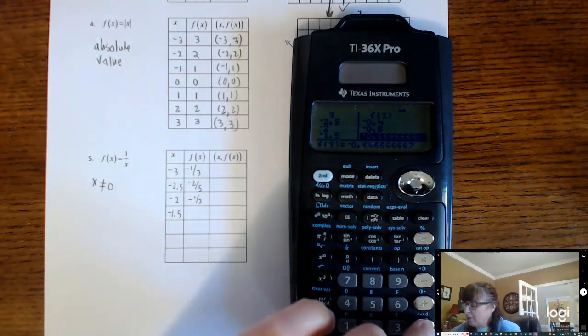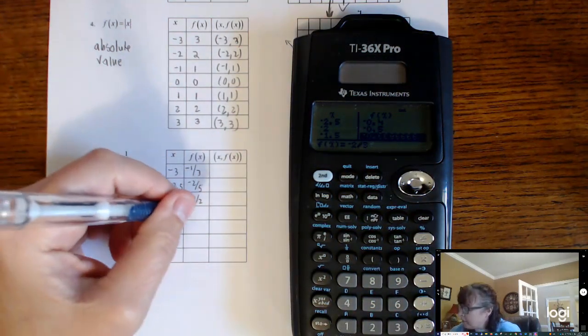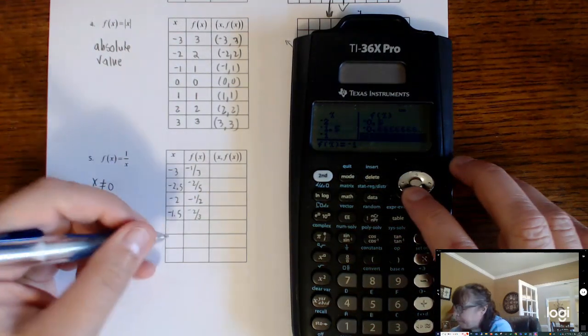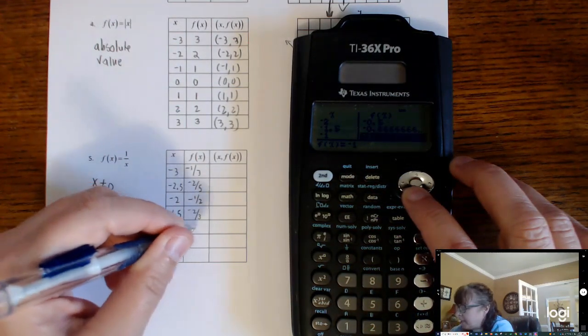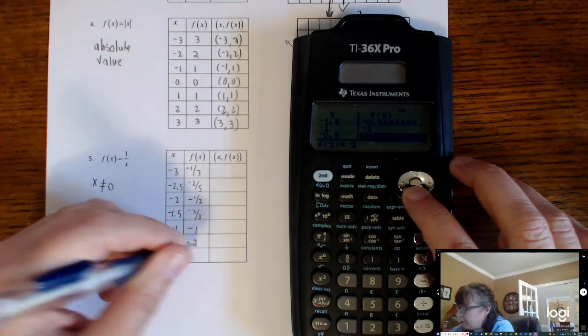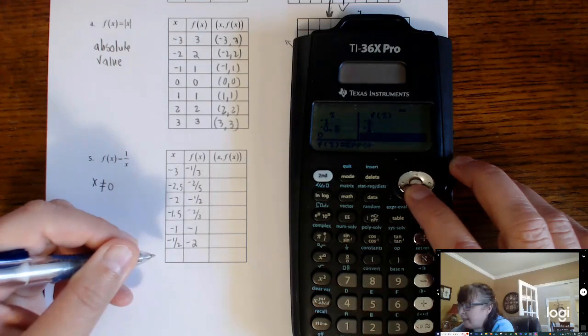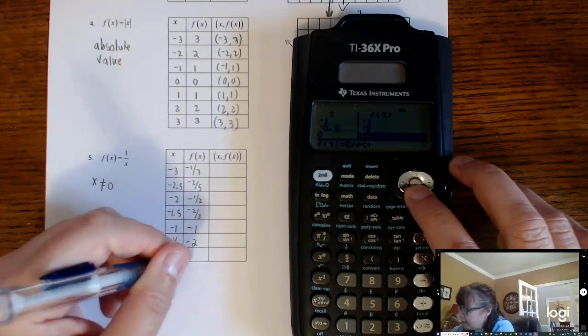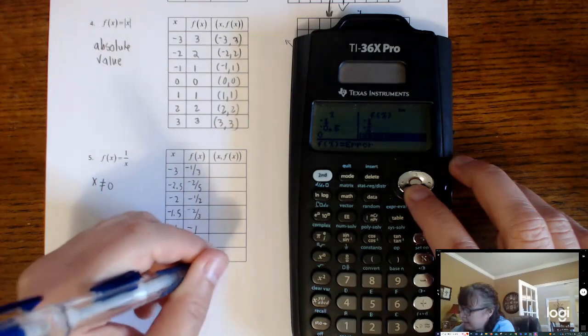That's a rounding error, so I'm going to hit the squiggle, and that's actually the fraction -2/3. All right, if I keep going, -1 gives me -1, and -1/2 gives me -2, and then 0, see that, gives me an error, so it does not exist.